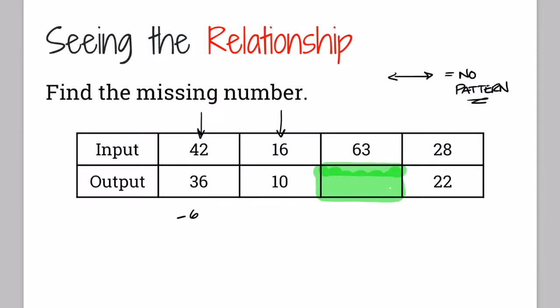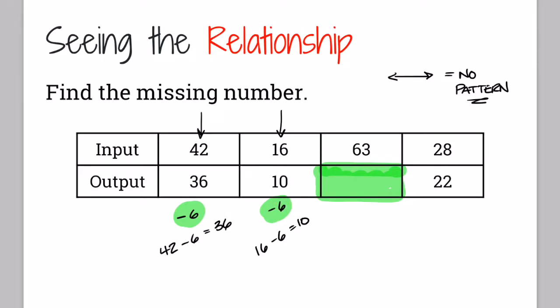In fact, I could write an equation there, right? 42 minus 6 equals 36. Then look at the same here. 16 minus 6 equals 10. See it? That's minus 6 as well. So we've got a minus 6, a minus 6.